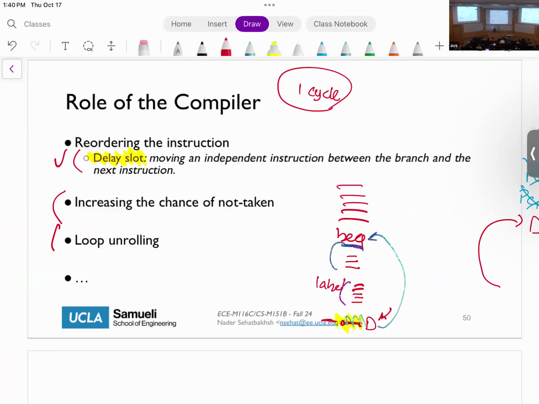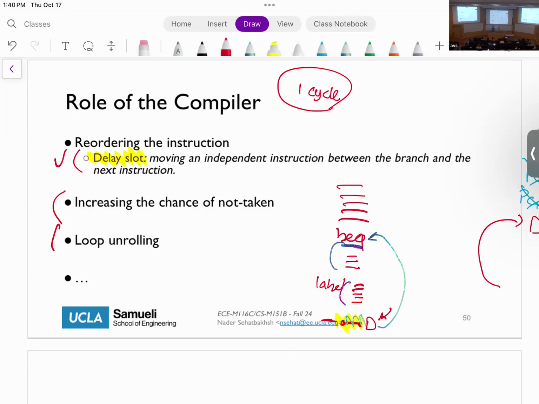The third thing the compiler can do is reduce the number of branches. This can happen with what we call loop unrolling, because the problem with loops is that there are lots of backward jumps that are always taken, and that's the big problem with our not taken strategy.